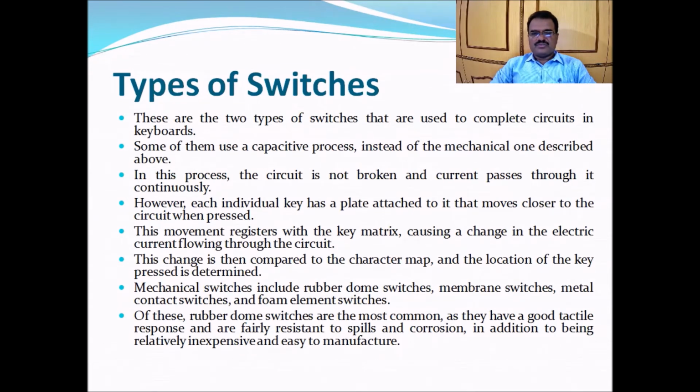Mechanical switches include rubber dome switches, membrane switches, metal contact switches, and foam element switches. Of these, rubber dome switches are the most common as they have a good tactile response and are fairly resistant to spills and corrosion, in addition to being relatively inexpensive and easy to manufacture.